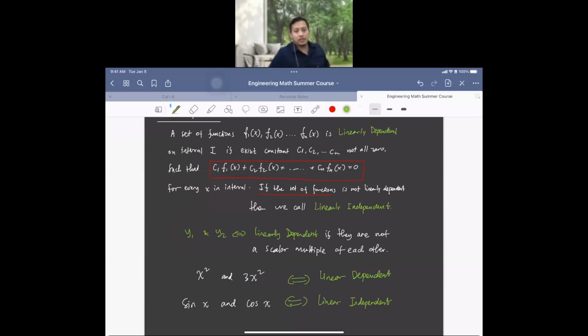So you can multiply with a constant and it becomes another function, and we call those two functions linearly dependent. I think that's quite clear from those definitions.